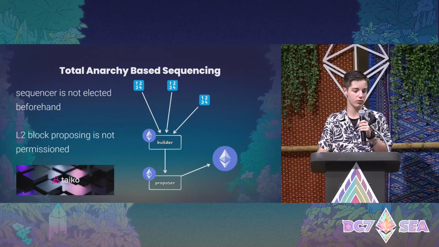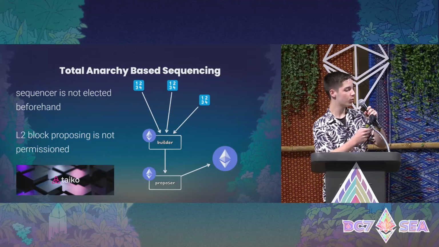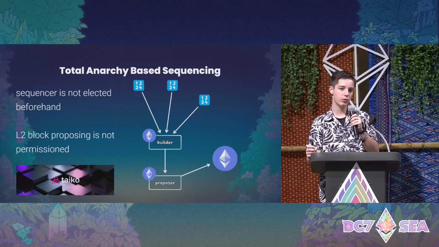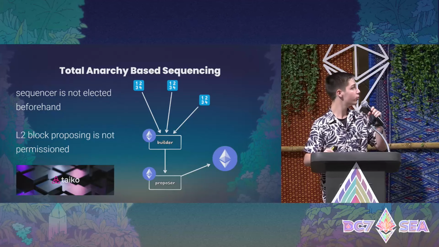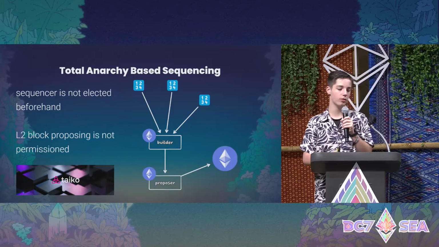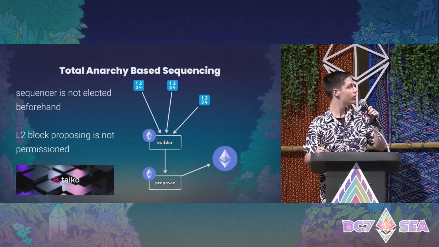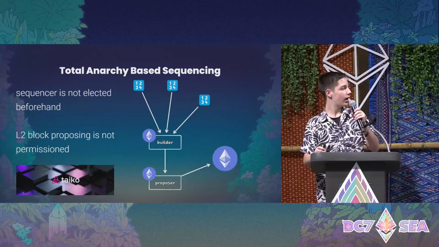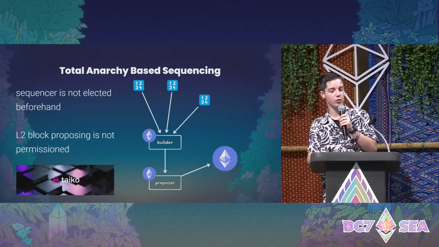There's no permissions involved. The way that this ends up playing out in practice is that we have this diagram up here. We have a bunch of sequencers, proposers in Taiko's system that give their blocks to the builder, to the MEV-Boost builder, that would be Titan, Wintermute, etc. And they would take these blocks, order them in the layer 1 block, so each block proposal is a layer 1 transaction, and then send this completed block to the proposer through a relay and through the MEV-Boost auction, right?